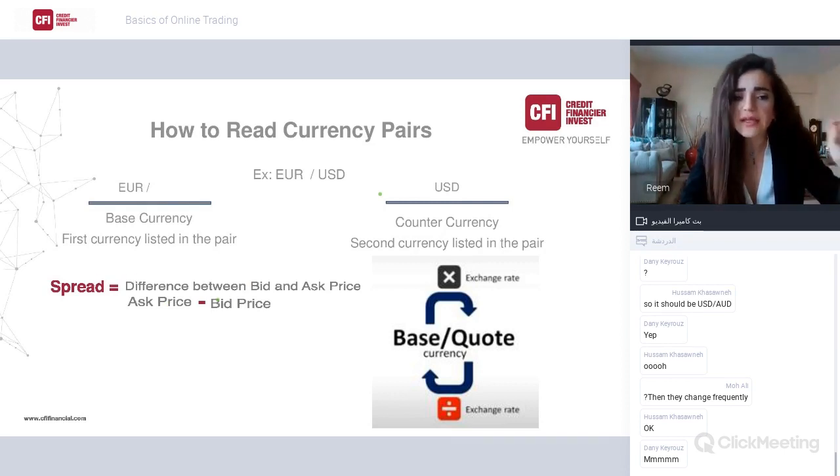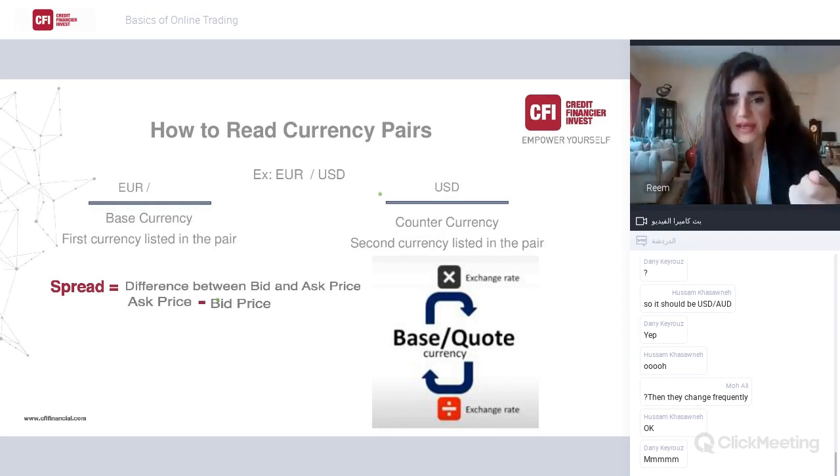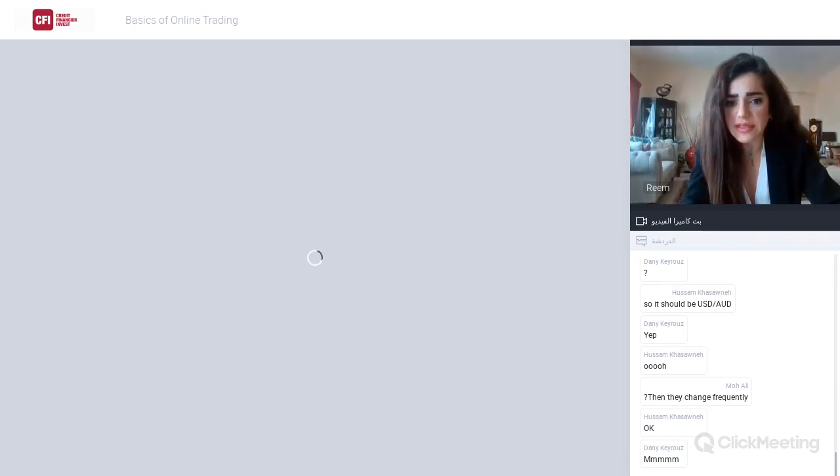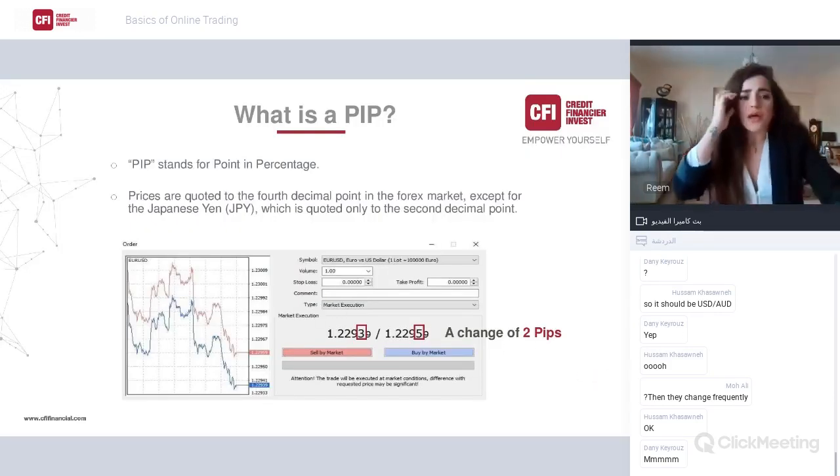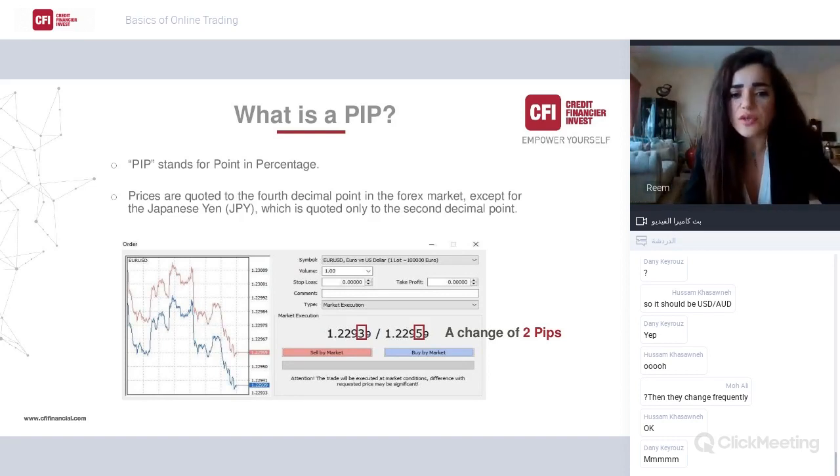Okay? In currencies, I will explain in a second what the spread is. As I said, it's the change between the bid and ask. But I want to materialize it and see it in numbers. Let's see an example here.